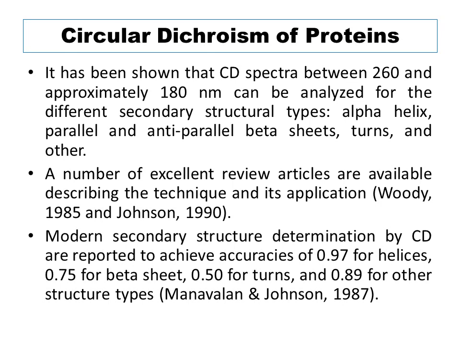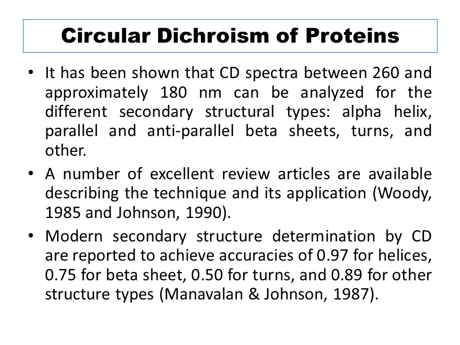So circular dichroism of proteins. It has been shown that the circular dichroism spectra between 260 and approximately 180 nanometers can be analyzed for the different secondary structural types, such as alpha helix, parallel and antiparallel beta sheets, turns, and others. A number of excellent review articles are available describing the technique and its applications, by Woody in 1985 and Johnson in 1990.